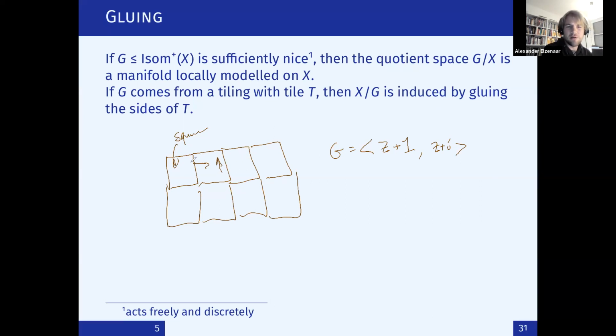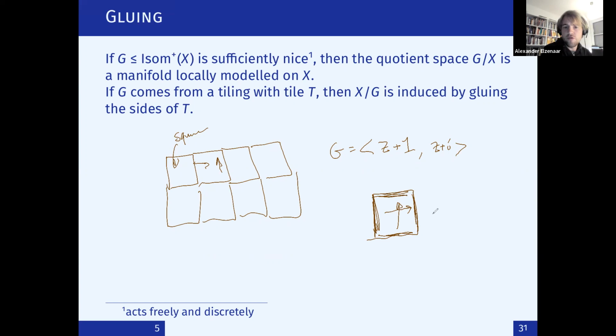And so one way of viewing this group action is that it takes the square and gives you a bunch of copies which tile the plane. Another way of thinking about it is that it takes the square on its own, and it maps this edge to this edge, and it maps this edge to this edge.